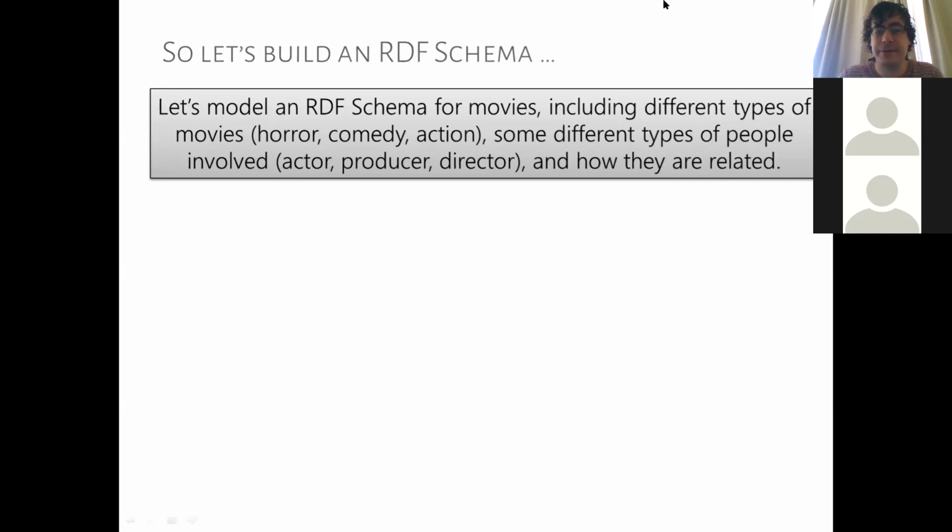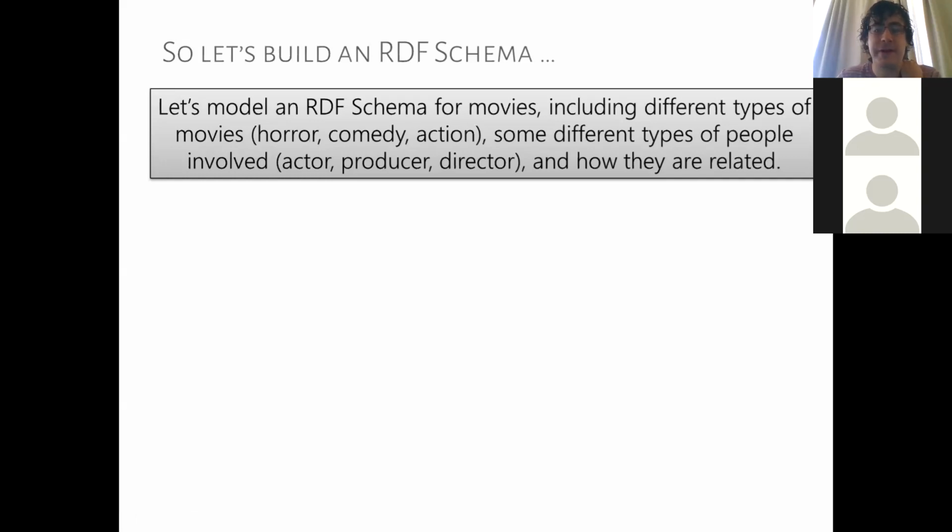So for sure we would have a class for movie, right? Movie would be a class, and we have instances of movie. Then we have different types of movies such as horror, comedy, and action. We have two main options here. We could define a property such as genre, and then define that the genre of a particular movie has the value horror, or comedy, or action, which is perfectly fine.